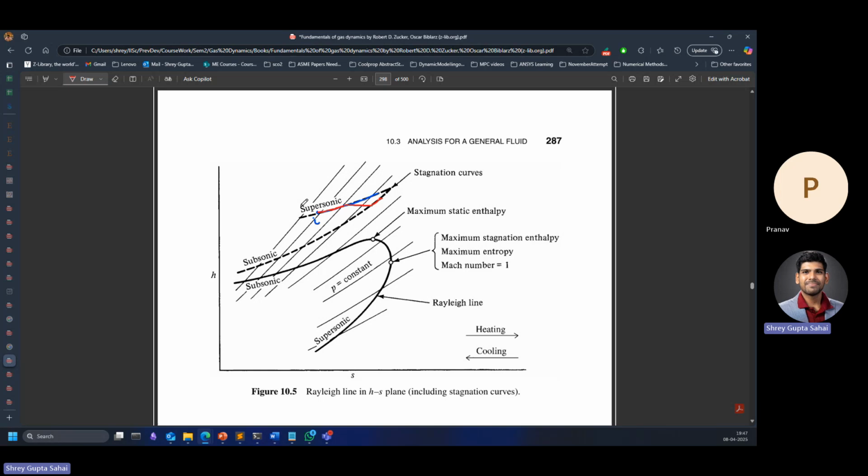Yeah, it depends. We can't say. It will depend on where the normal shock happens. Well, no, it does not depend on where the normal shock happens. It depends on what the final Mach number is.